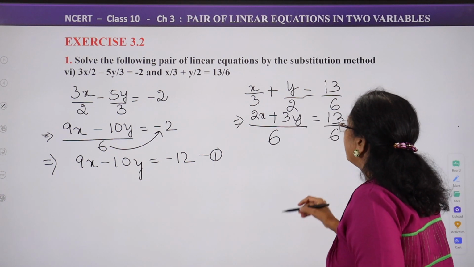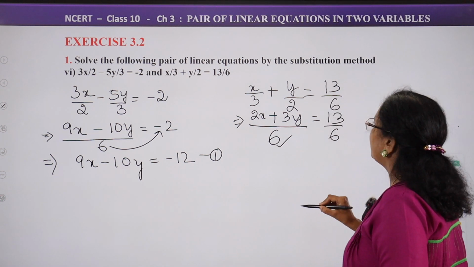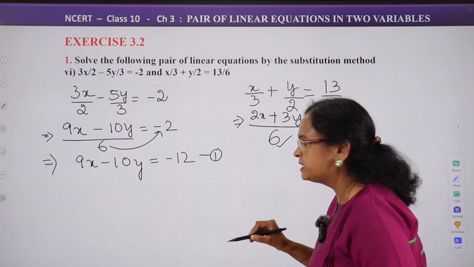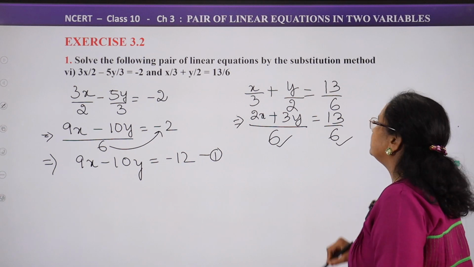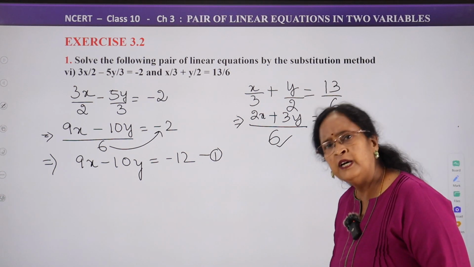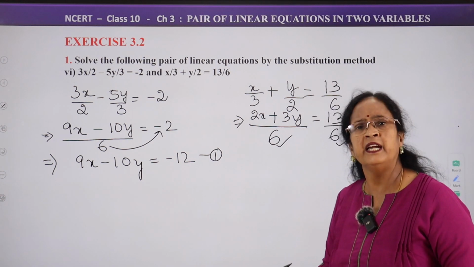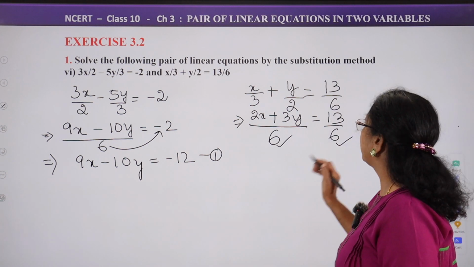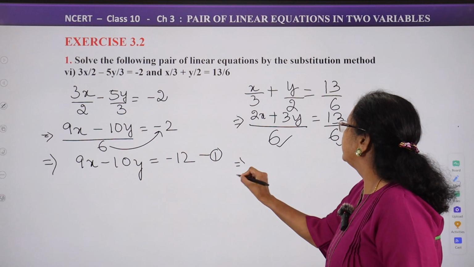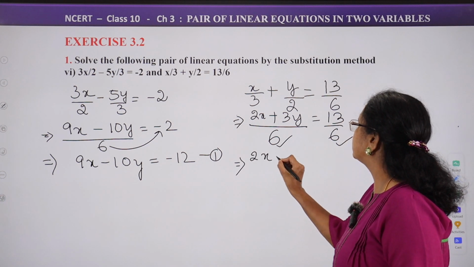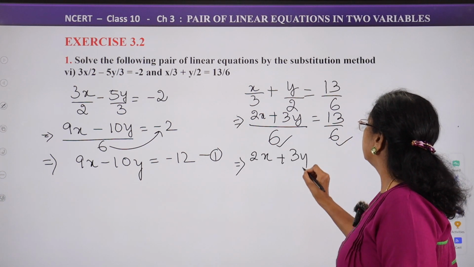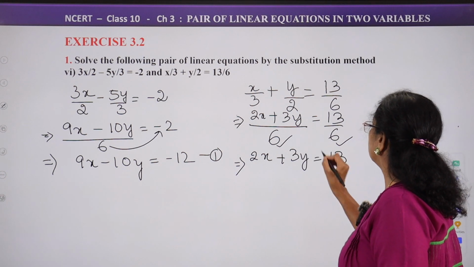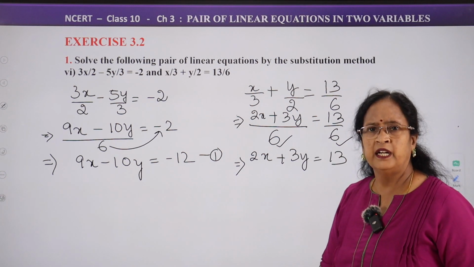The denominator on the left hand side is 6. The denominator on the right hand side is also 6. I can easily cancel it. Then I get 2x plus 3y is equal to 13.